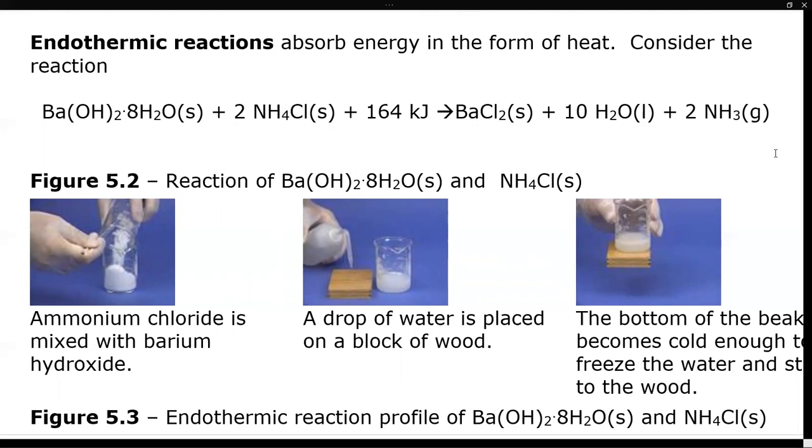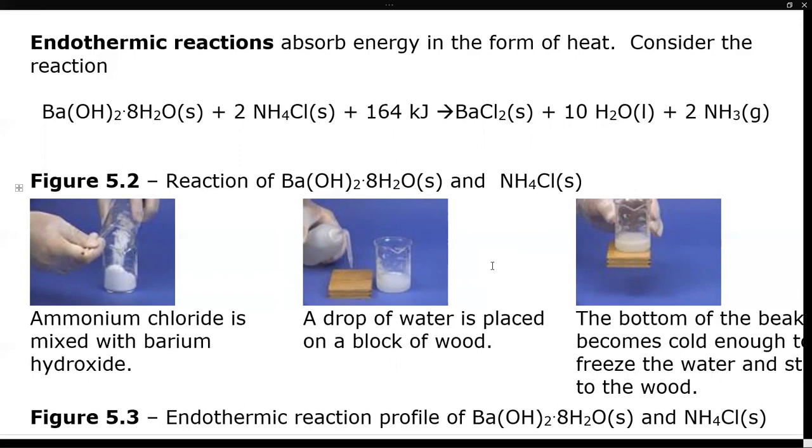One way we can tell that is that if we put a little drop of water on that block of wood in that second picture, then mix the solids together on that, we can pick up the wood because it's actually cool enough to freeze that little bit of water we put between the beaker and the block of wood, indicating that the reaction is absorbing heat from its surroundings.